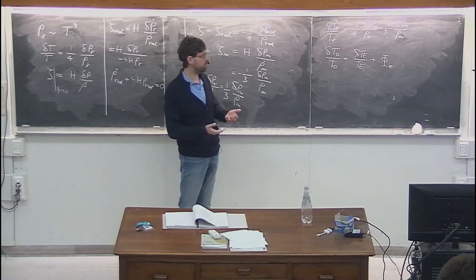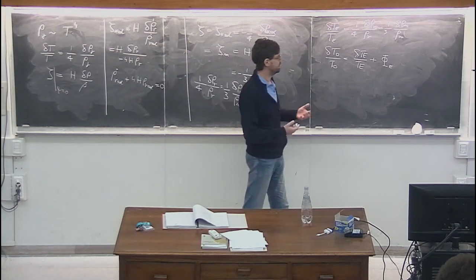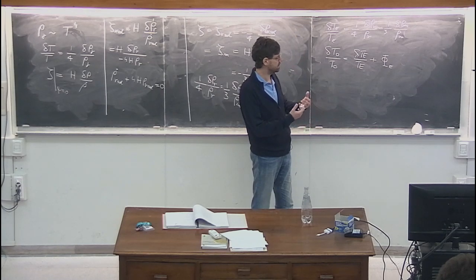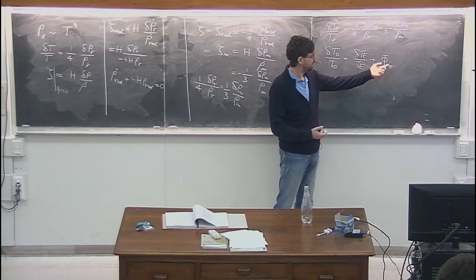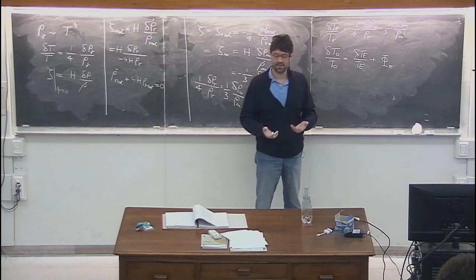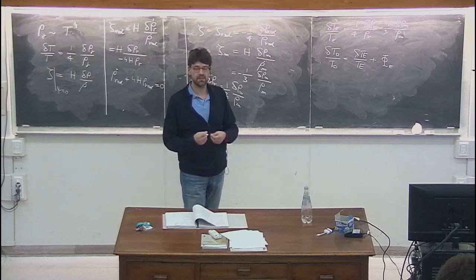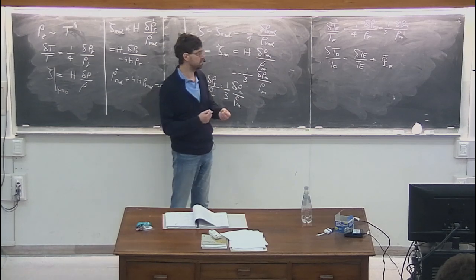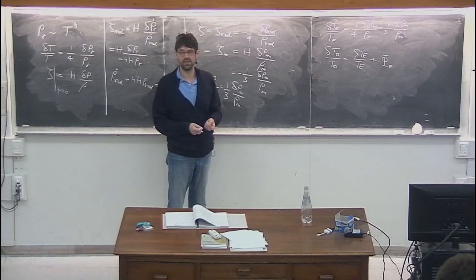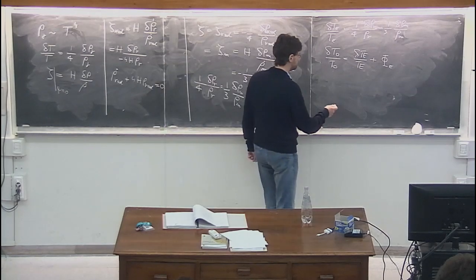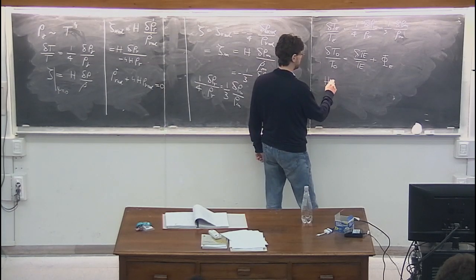I take the 0-0 component, and on the left-hand side is the phi, and on the right-hand side is delta rho matter. If you don't want to do the expansion of the Einstein equations in linear perturbation theory, you again use the same trick I told you before. You just write down the equation in the new coordinate system.